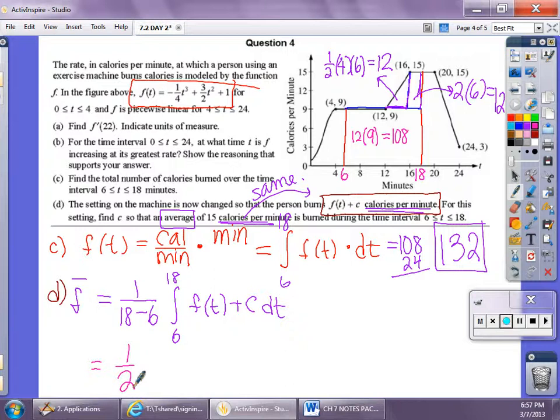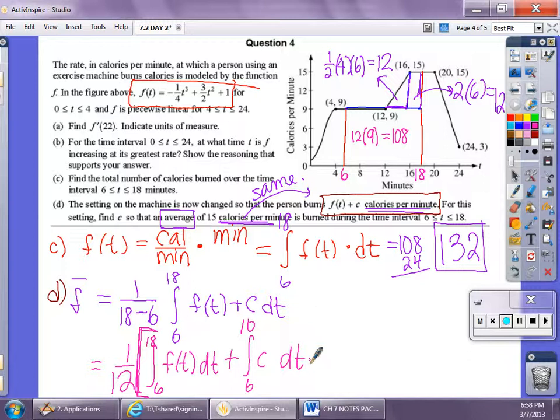This is 1/12 integral from 6 to 18 of f of t. We just found that. What I can do is say, leaving the 1/12 out front, I'm going to separate this function c dt. Therefore, they want us to solve for c so that my average value is 15. There you go. There's the equation we're going to have to solve.